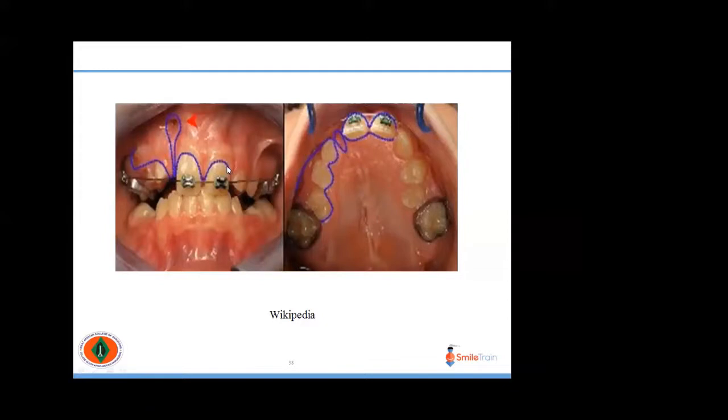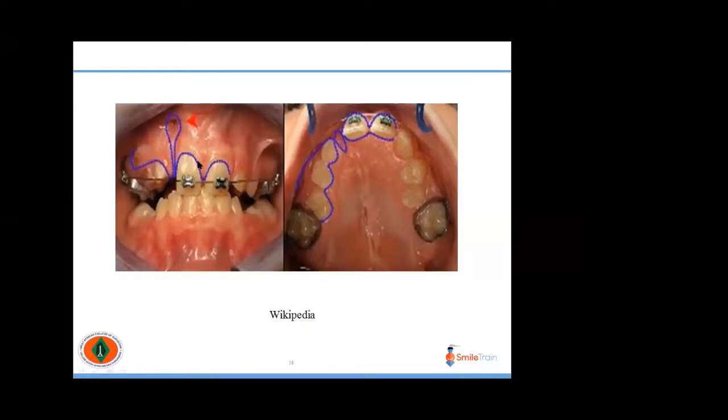When this flap is being raised, we normally make sure that the buccal extension is two teeth on both sides of the cleft.